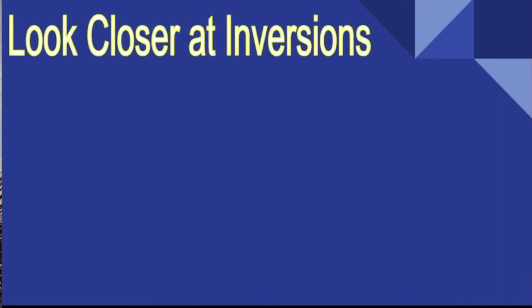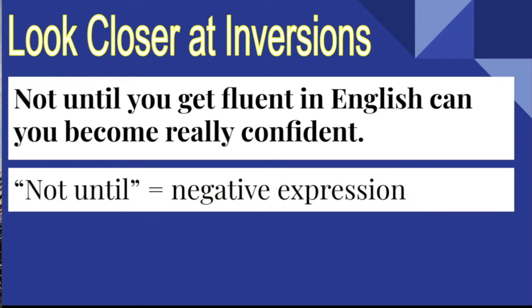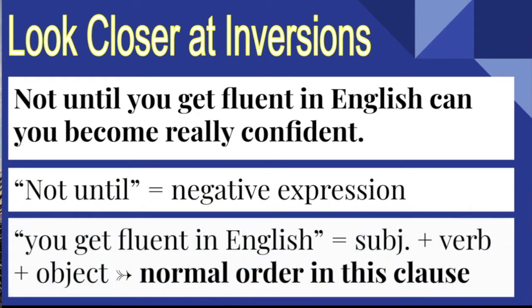Let's look closer at inversions. Let's look at this sentence again that we found at the beginning of this video. Not until you get fluent in English can you become really confident. Not until is the negative expression that you need to memorize. And then the next part is the normal order because it's the first part of the clause. Not until you get fluent in English, subject plus verb plus object.